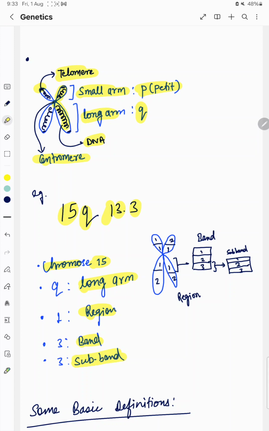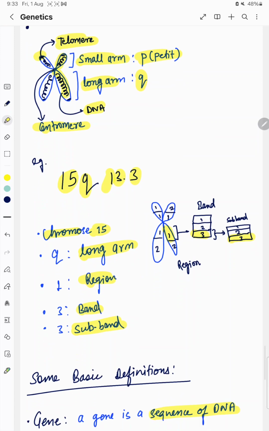So how do we read it? This locus is present at the long arm of chromosome 15, region 1, band 3 and sub-band 3. This is the location of this sequence.